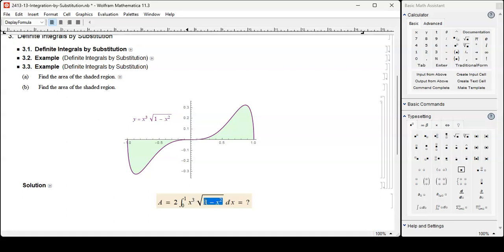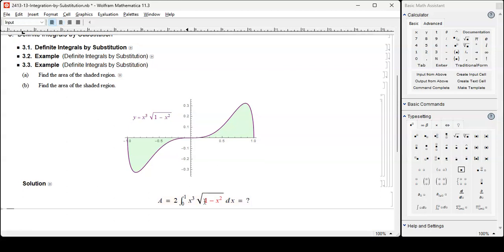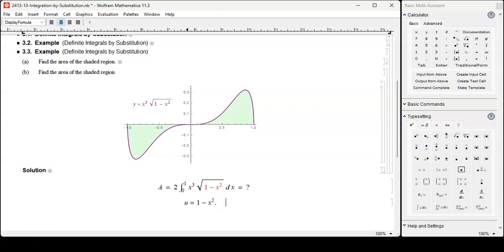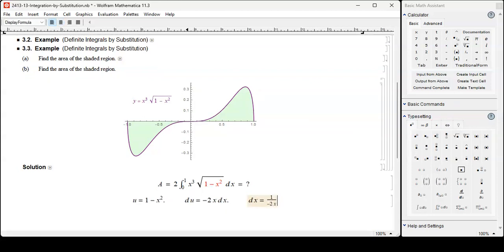As before, we are taking this as my substitution. Previously, I used, I think, y, so let's use some other character: u equals 1 minus x squared. du is negative 2x dx, and then dx is 1 over negative 2x du.